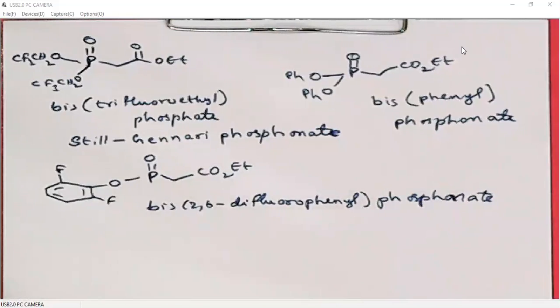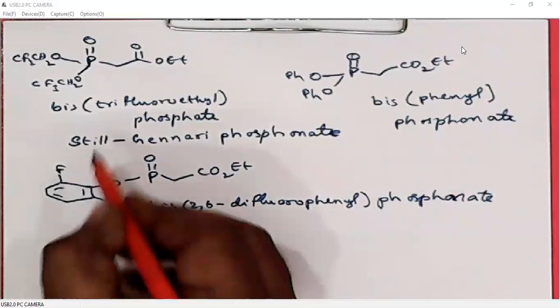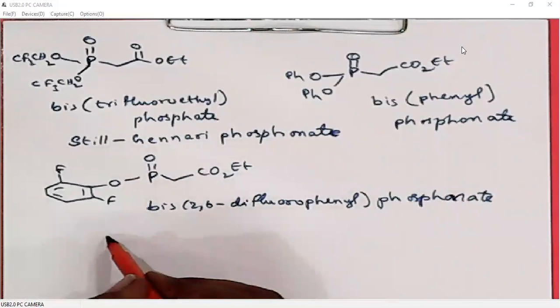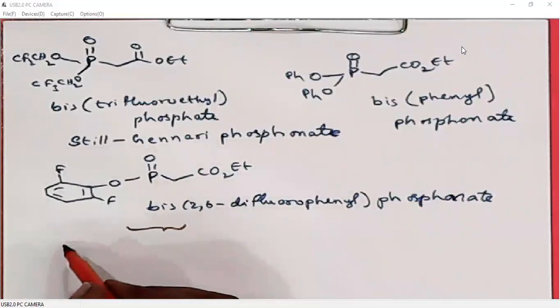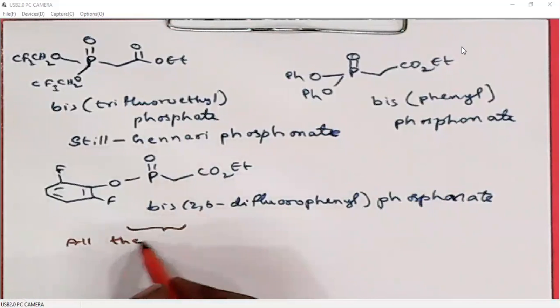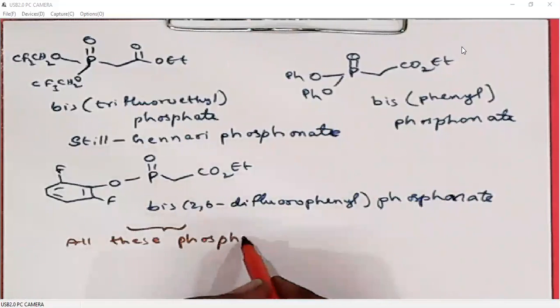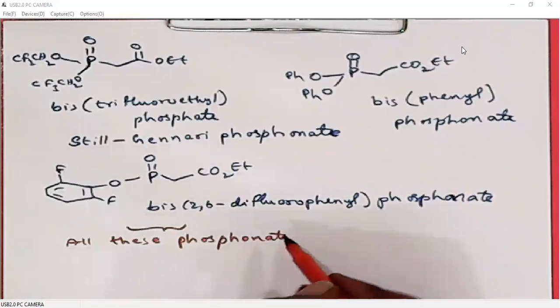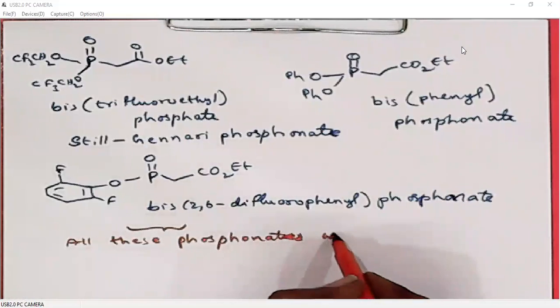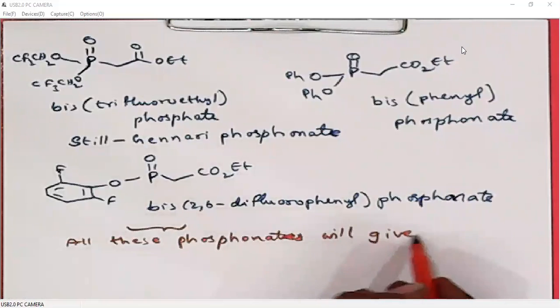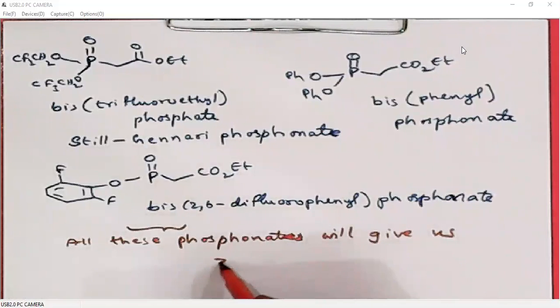All these reagents look like they are stabilized, but all these phosphonates will give us the Z alkene.